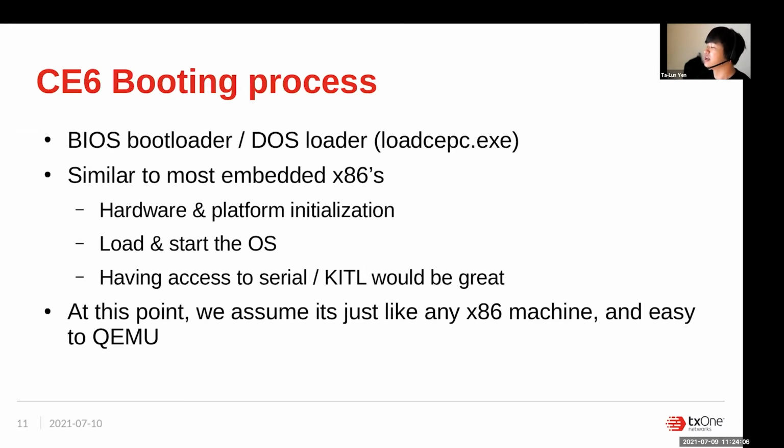Another method is using any MS-DOS compatible DOS and using included tools from the SDK to load your operating system image, like what people did back in the Windows 98 or 95 era. After the OS kernel loads, peripherals and devices will be initialized. Then it will go to loading programs. So, according to those points, we just assumed CE is like any other x86 OS, and that it is trivial to emulate.